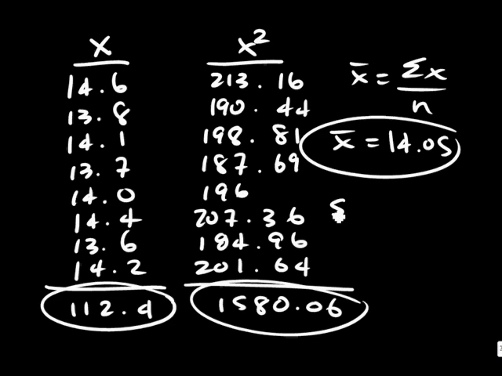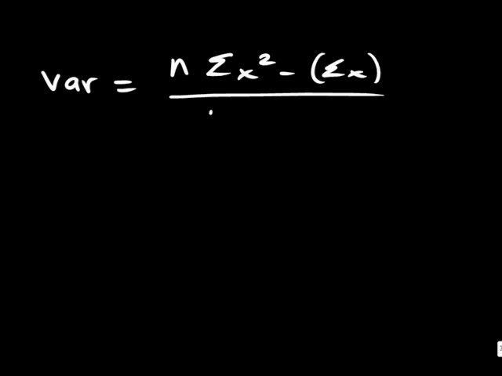But computing the variance here, we will use the shortcut formula, which is n times the sum of x squared minus the sum of x in parentheses squared, over n times n minus 1. 8 times 1580.06 minus 112.4 squared divided by 8 times 7.